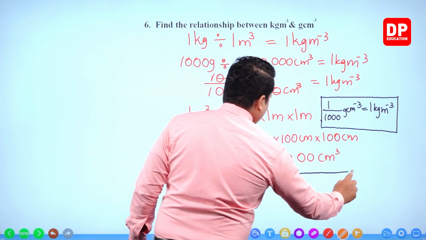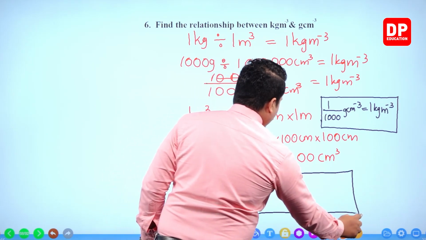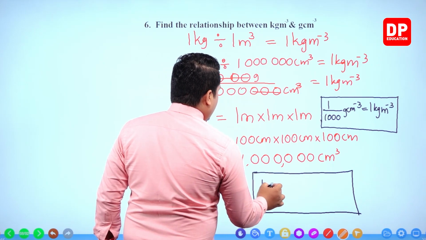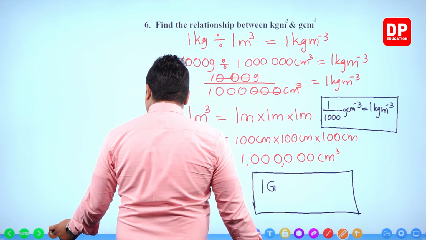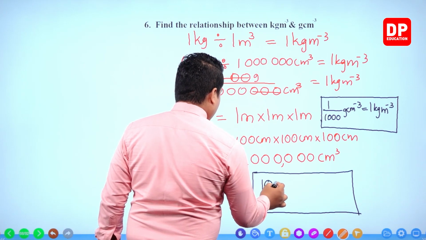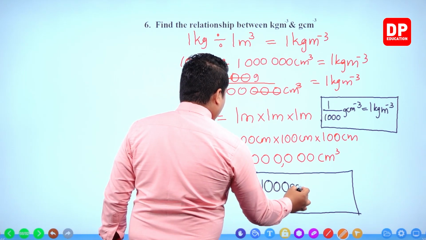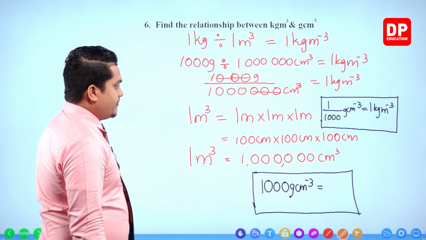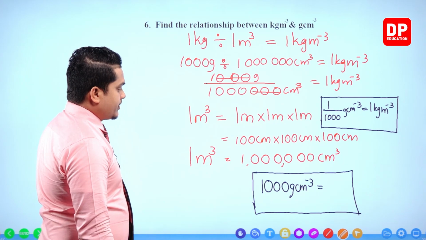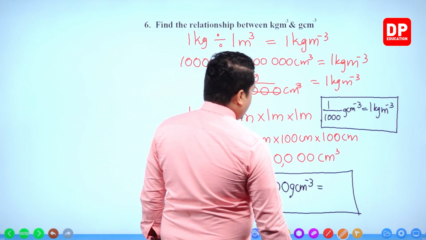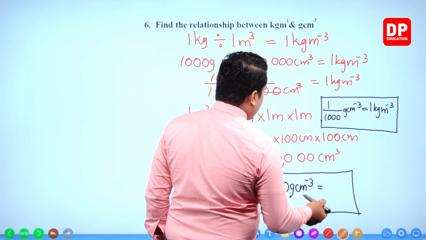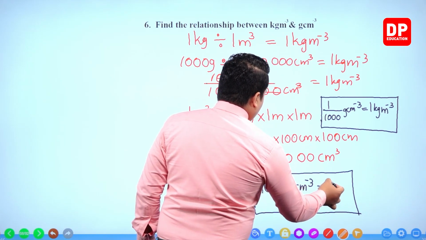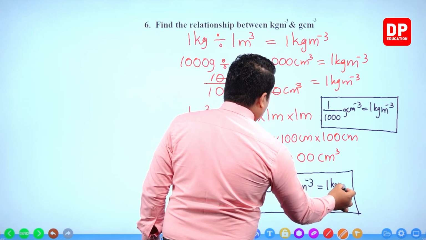You can multiply both sides by 1000. In that case, you get 1 g cm minus 3, or else when you multiply by 1000, you get 1000 g cm minus 3 is equal to 1000 kg m minus 3.